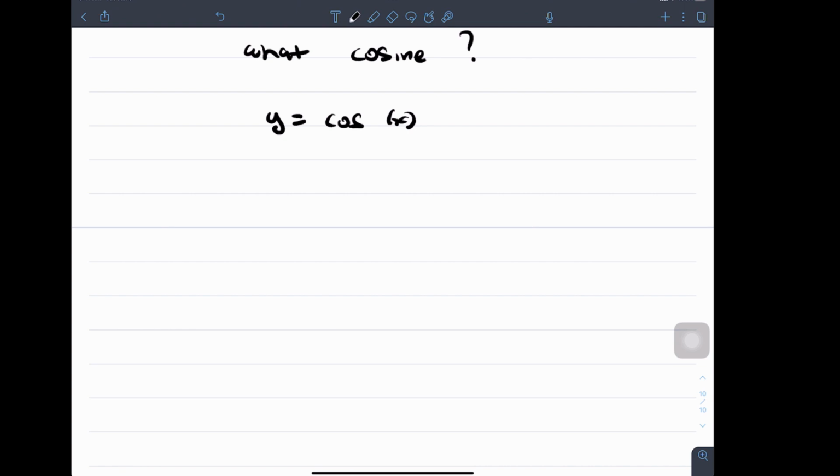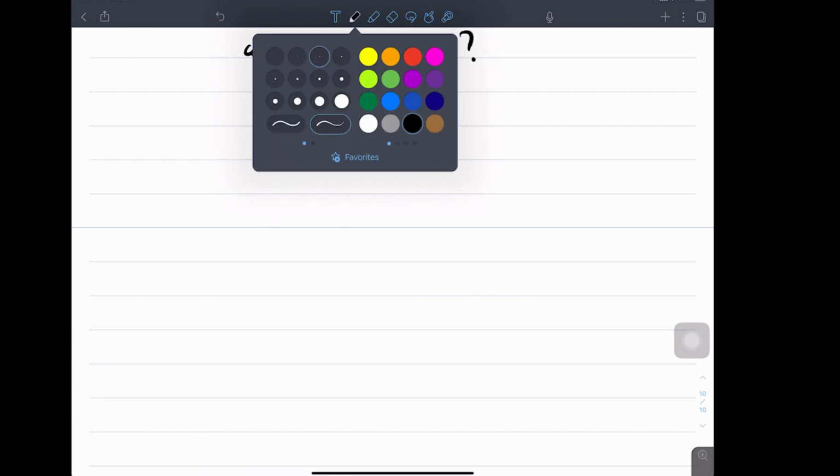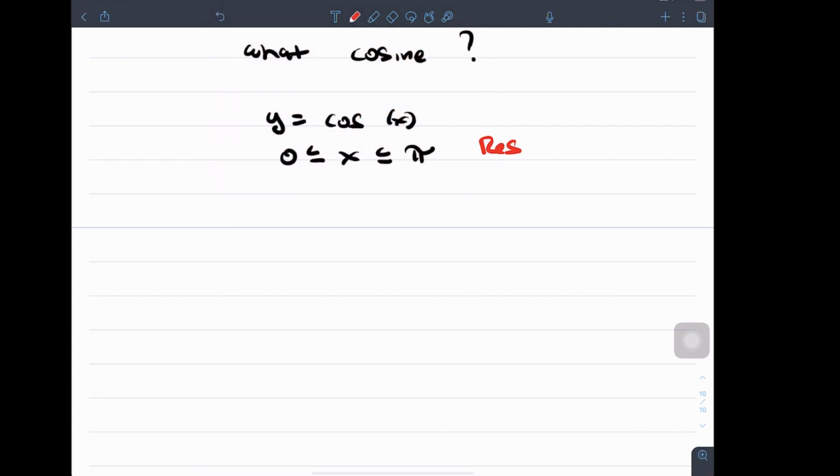Now, cosine's domain is restricted differently: 0 to pi. We're going to call that the restricted domain. Does anybody remember why we have to restrict that domain again? To make cosine one-to-one and have it have an inverse.